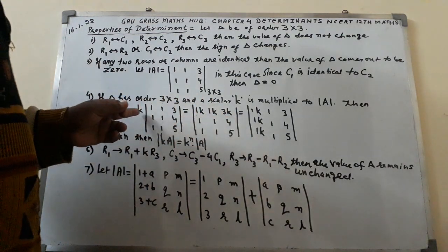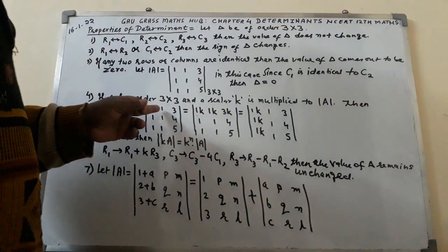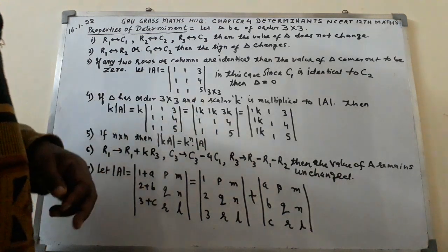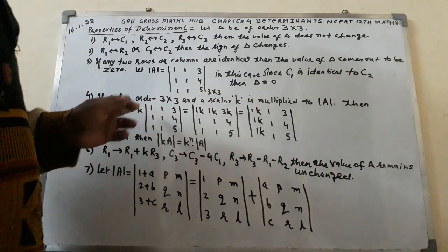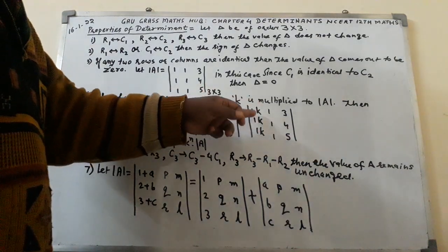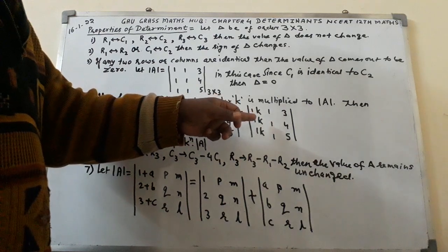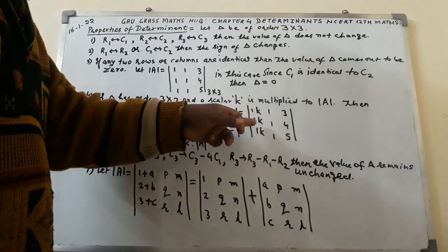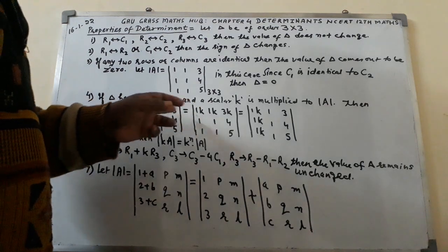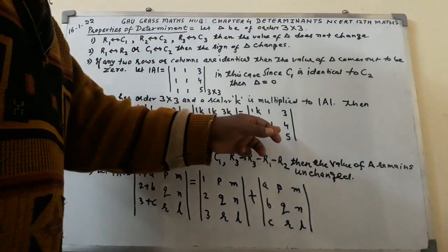Here the scalar k is multiplied to only one row, first row. In the same way, k is multiplied to first column: 1k, 1k, 1k, and second column, third column remain the same.